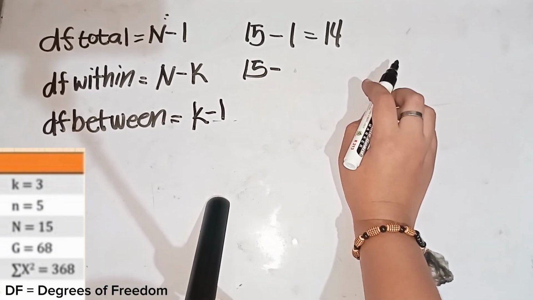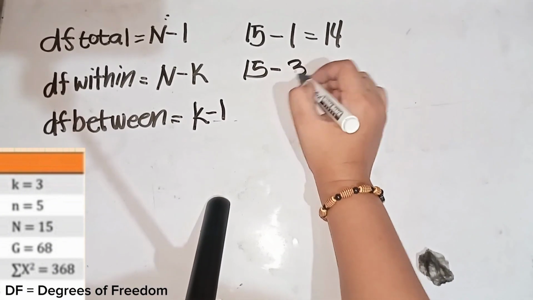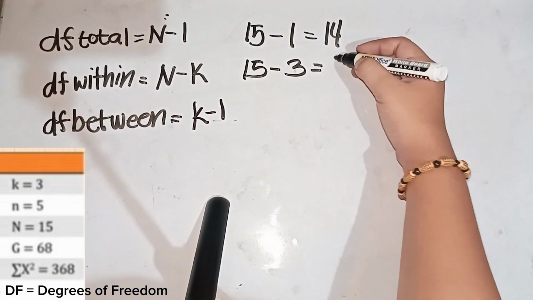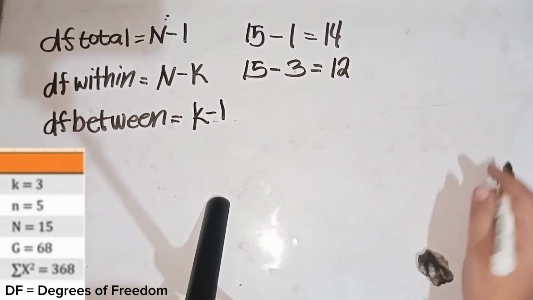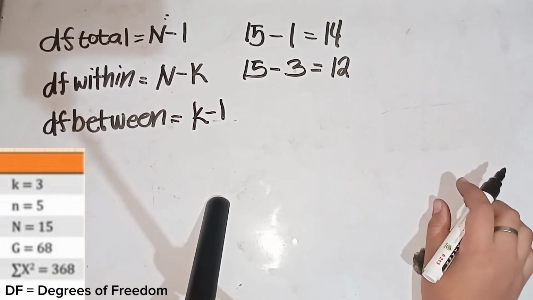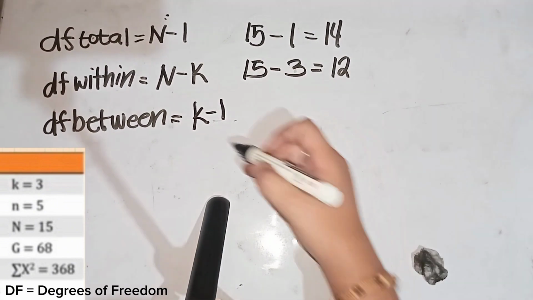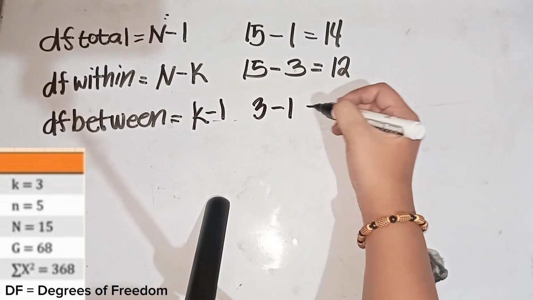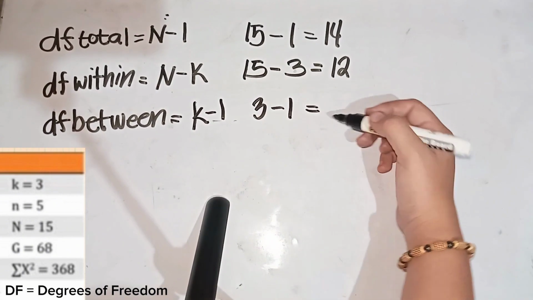Ito itong k, diba 3? So, 15 minus 3, 12. Then, itong DF between kay k, 3, minus 1 equals 2.